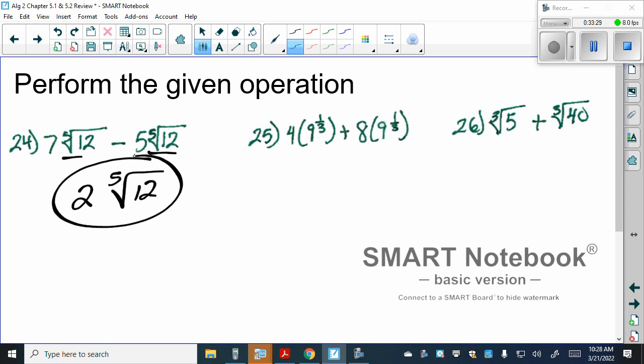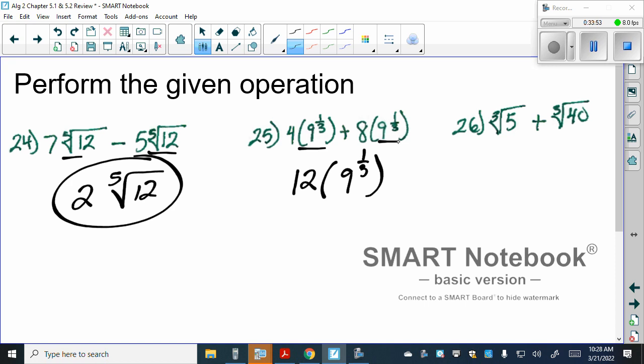Number 25, 4 times 9 to the 1/3 plus 8 times 9 to the 1/3. Because these are the same, we can combine them. Number 26. So we have the third root of 5 plus the third root of 40.